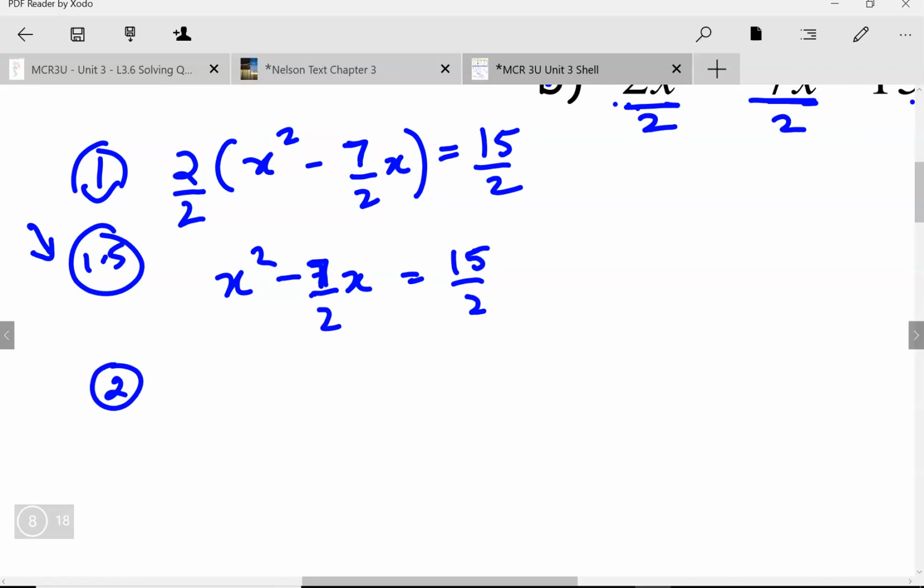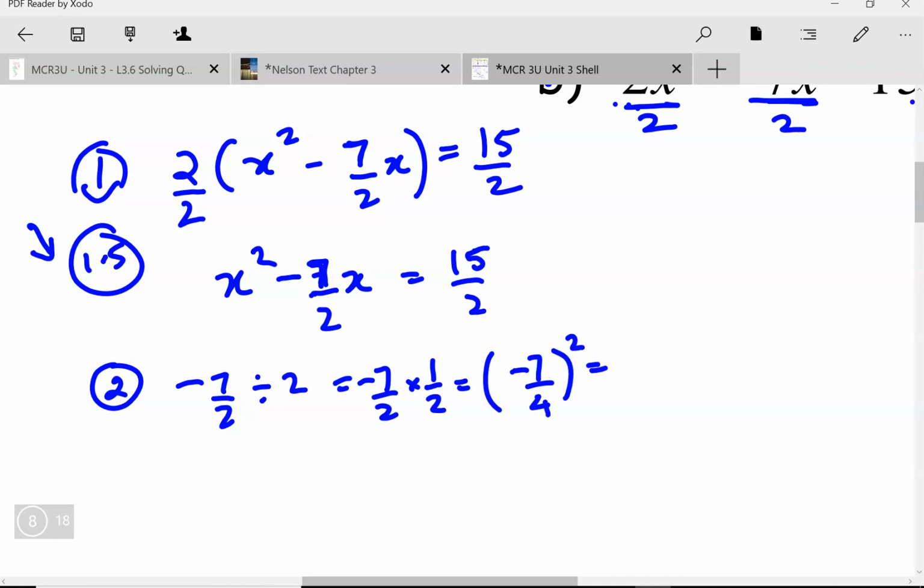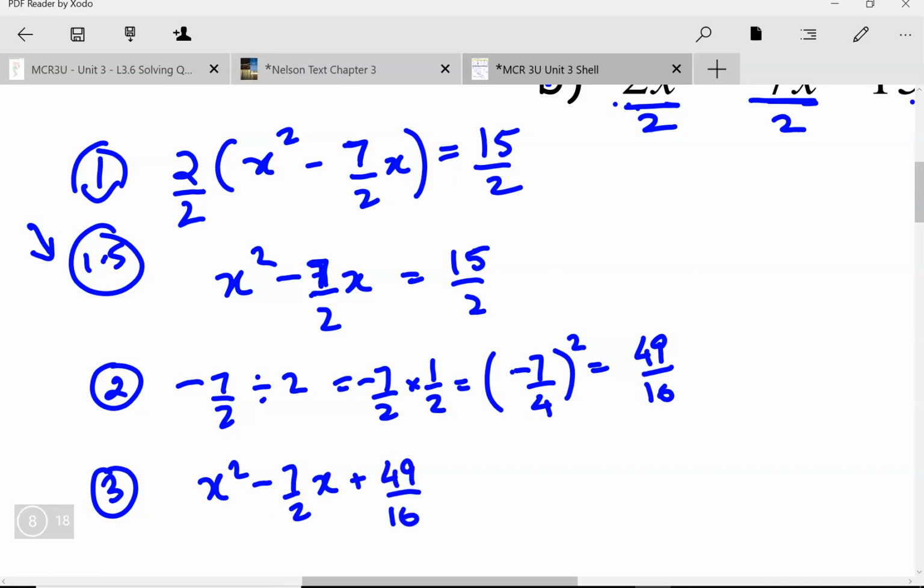And now again, the second step is to take this negative 7 over 2 and divide it by 2, which is negative 7 over 2 times 1 over 2, which is negative 7 over 4. Take the square of that, I get 49 over 16. And this is what I'm going to add and subtract on this side: plus 49 over 16 minus 49 over 16.